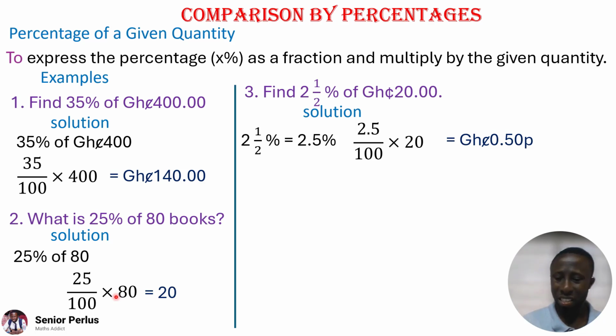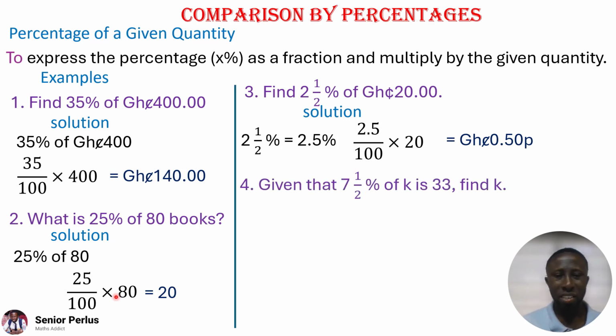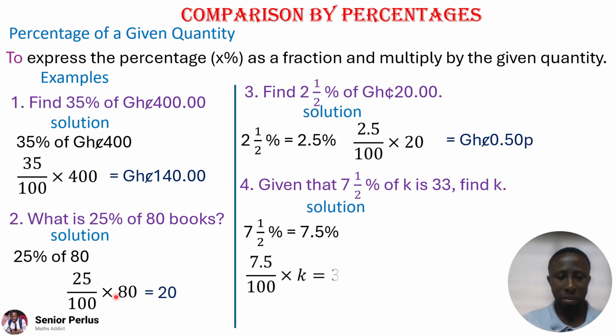Good. Then, given that 7.5% of k is 33, find k. So here you have to change this to a fraction. Solution: 7.5% of k, so 7.5 over 100 will be multiplied by k, then equals 33. Then you find k. Very simple. You make k the subject.